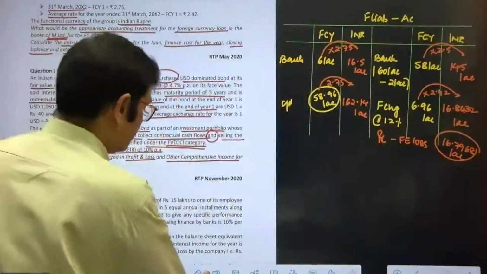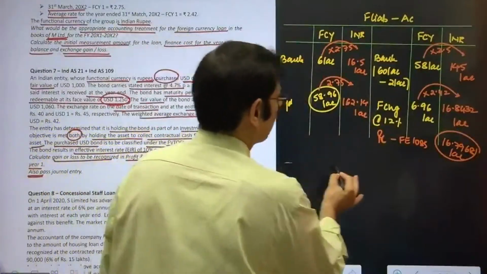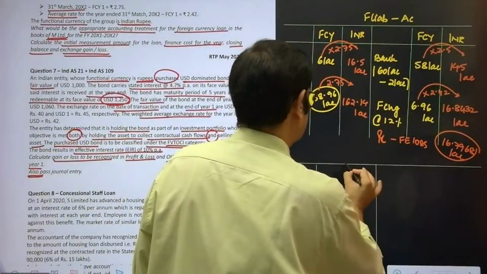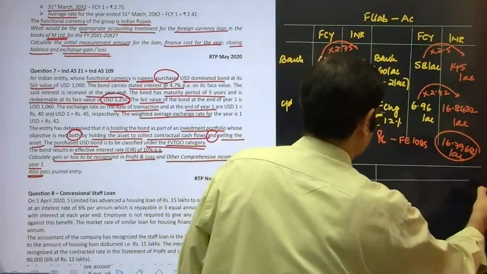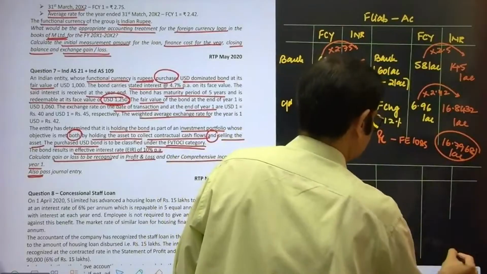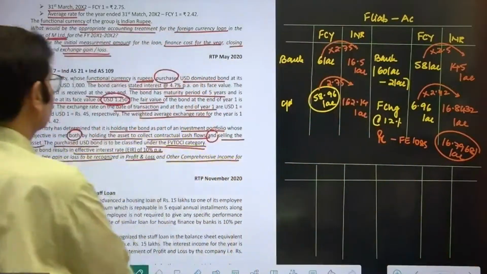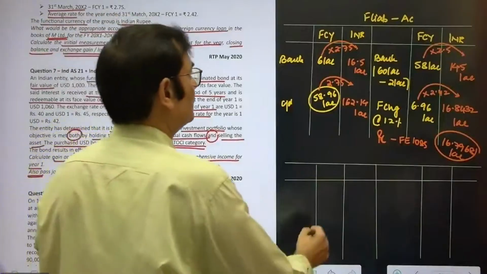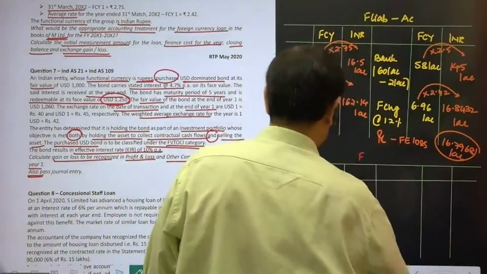So let me just make a ledger here itself. We're going to make two columns just like the previous question. One is on the foreign currency and one is on the Indian rupee. My functional currency is clearly given to be INR and the foreign currency is USD. So this is a financial asset.